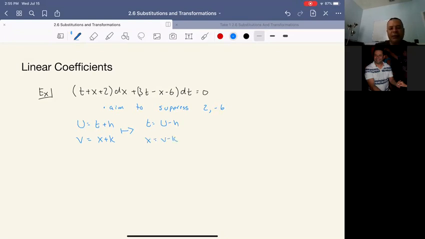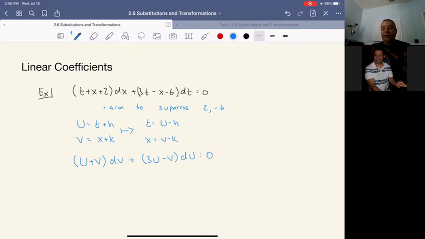What we want is to have this first term as u plus v. Now dx is going to be dv, plus (3u minus v) du, because du and dt are the same, should equal 0.